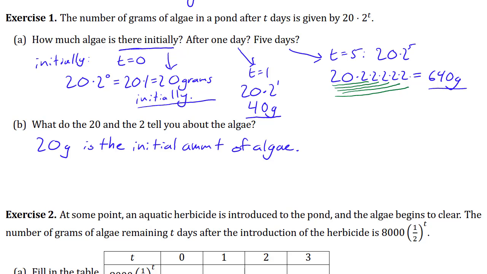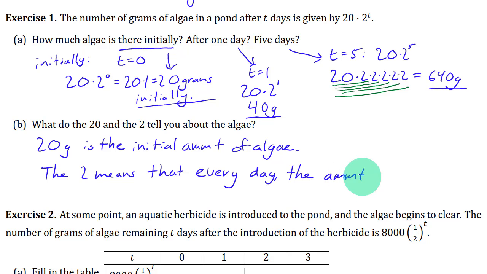So the 2 means that every day the amount gets multiplied by 2.